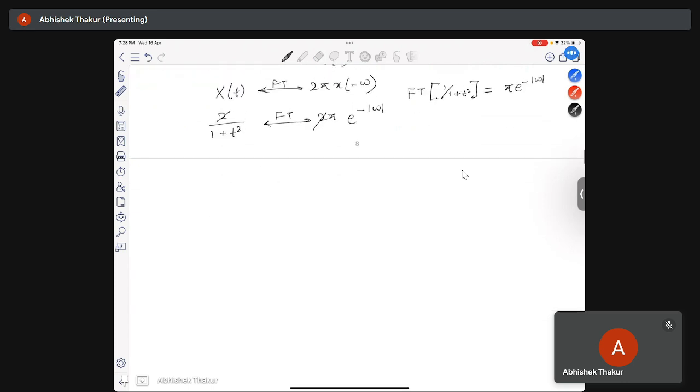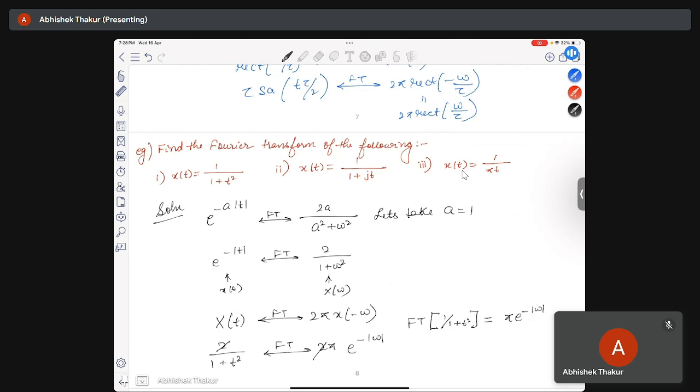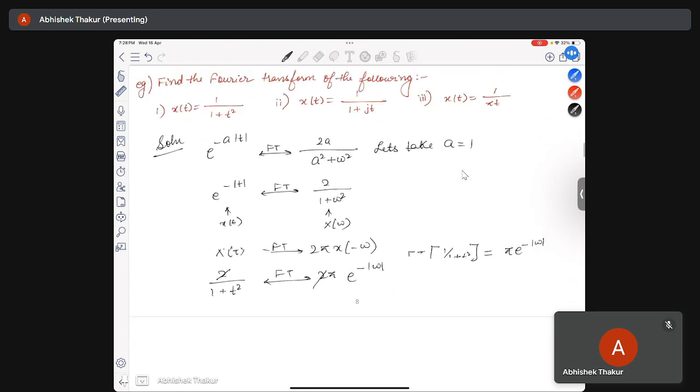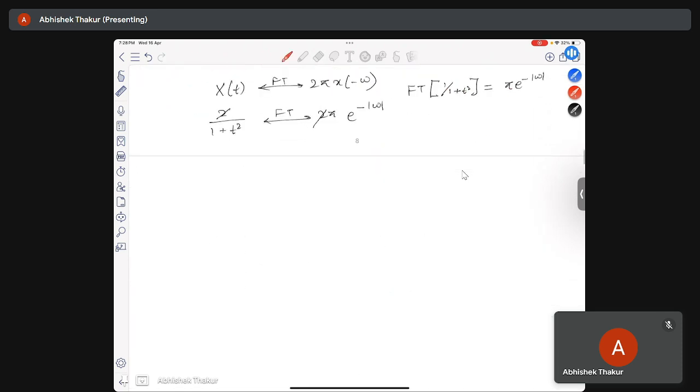Now for the second question, we have to find the Fourier transform of 1 by (1 + jt). So these are all slightly complex Fourier transforms. We can solve them using the property of duality. X(t) is given as 1 by (1 + jt).